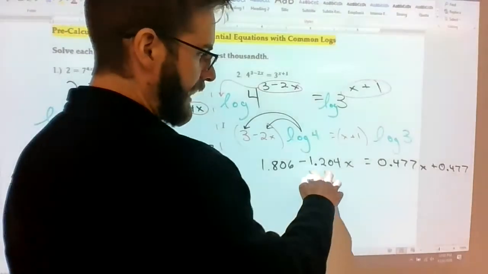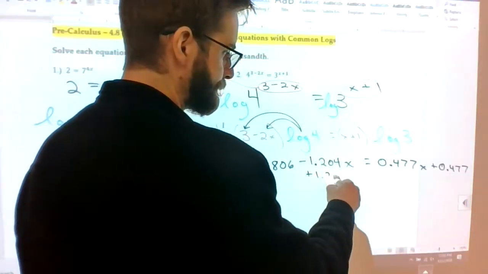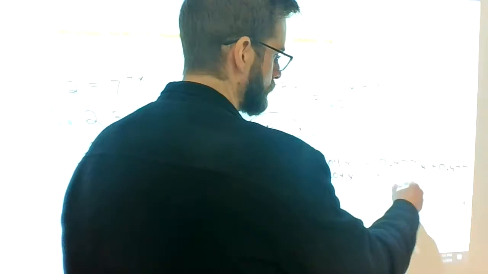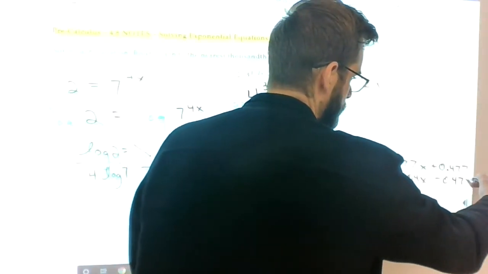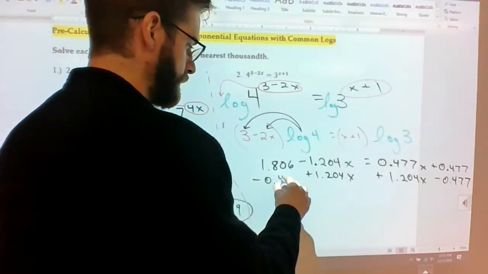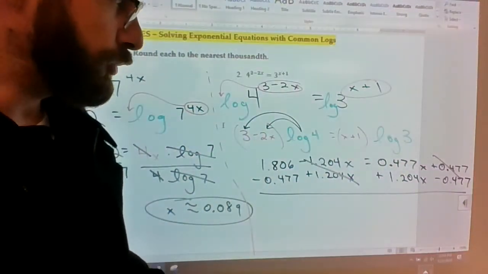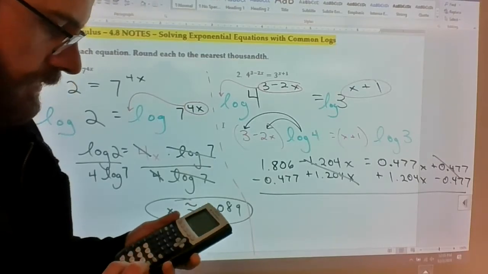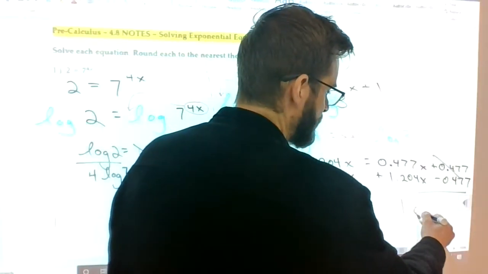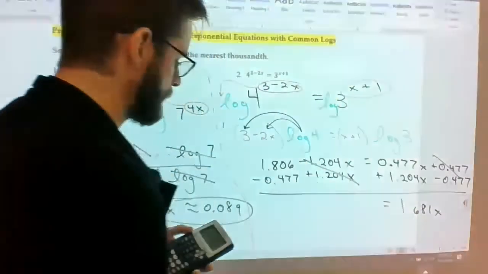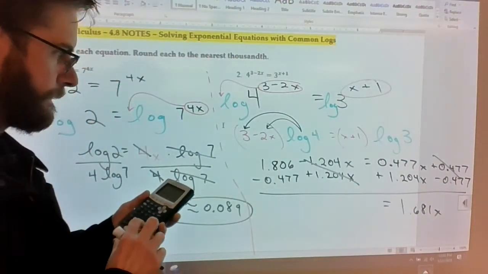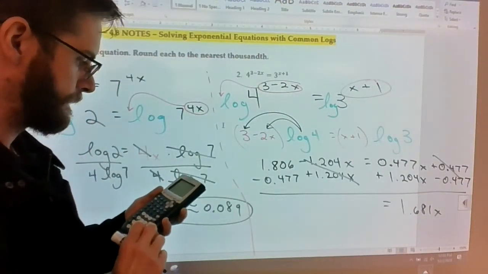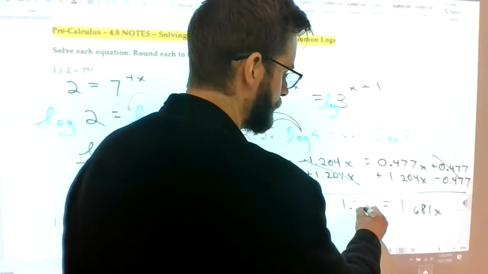So I'm going to add this to the right-hand side. Subtract this from the left-hand side. Do some quick math. 1.681x equals 1.329.